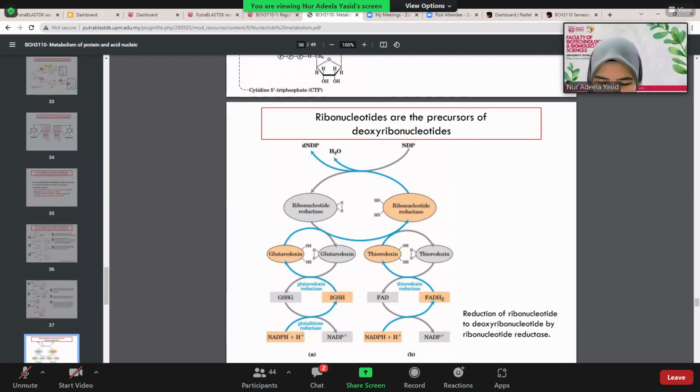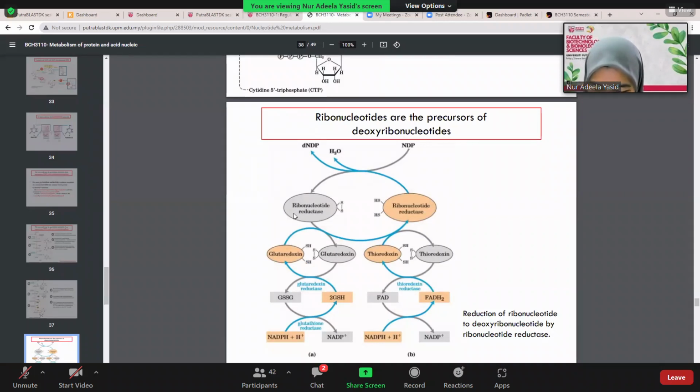Alright, so let's go back to the formation of deoxyribonucleotides. Deoxyribonucleotides are synthesized from ribonucleotides. It is catalyzed by ribonucleotide reductase.